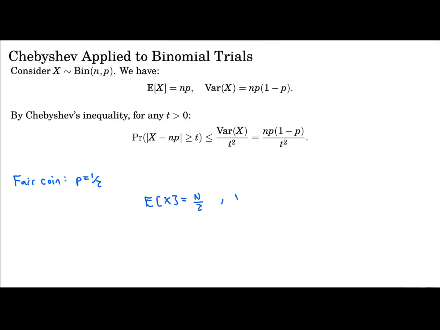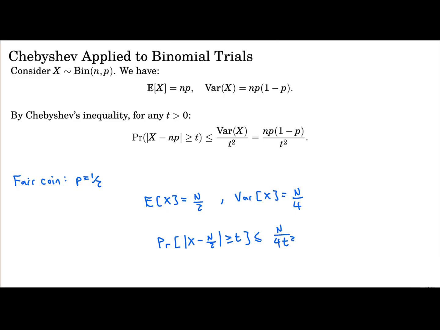The variance of X will be n over 4. And then Chebyshev's inequality is telling you that the probability that X will be far from this average of n over 2, by a distance greater than t, is less than or equal to n over 4t squared.